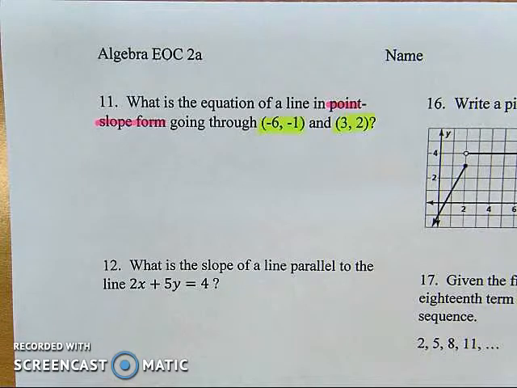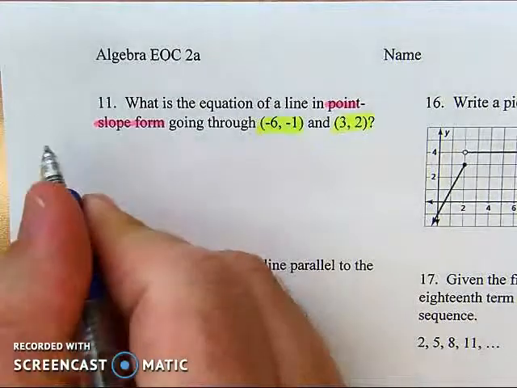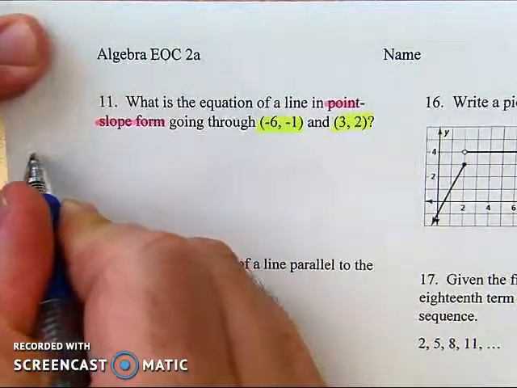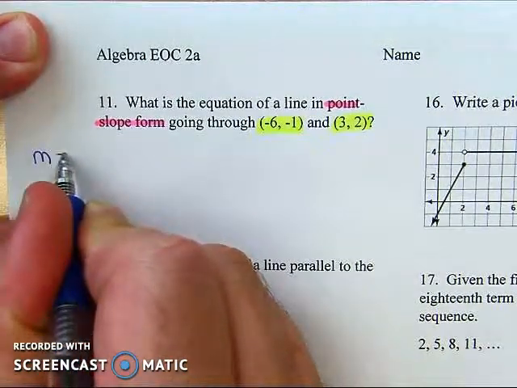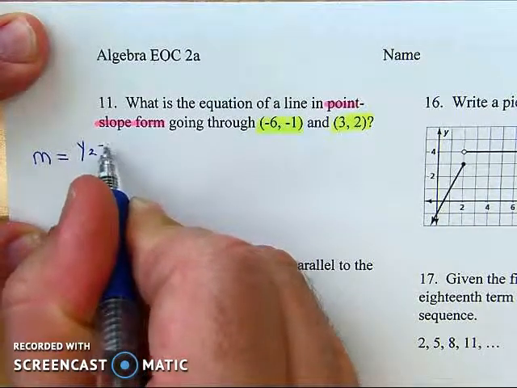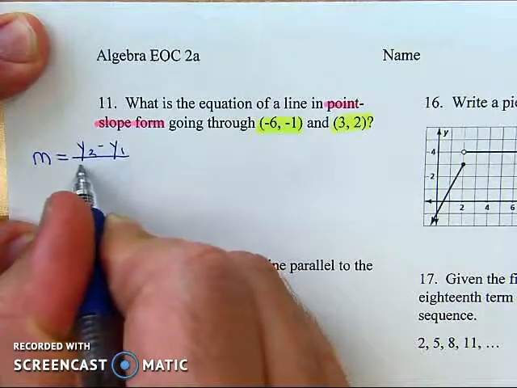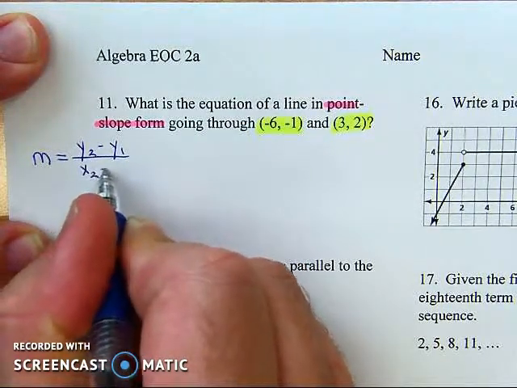But we're going to have to figure out the slope, and we're going to do that using the 2 points. So off to the side here, I'm going to go ahead and do that first. My slope formula: I'm going to find the difference of the y's and divide that by the difference of the x's.